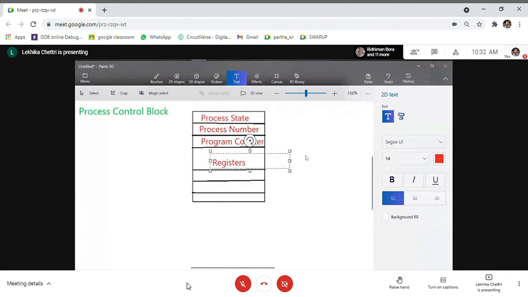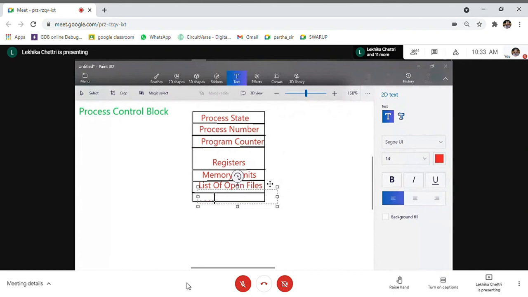And then next up I have memory limits. It is important. Next up I have the list of open files: what all files a particular process has opened for it to complete the task. And any other information, if there is, for that we have one extra block.